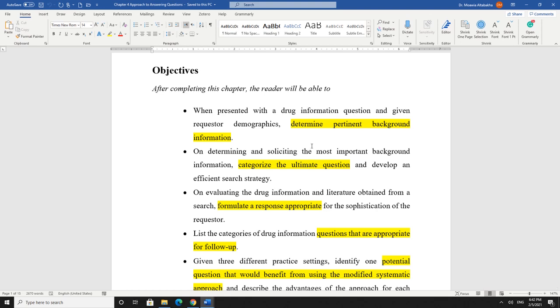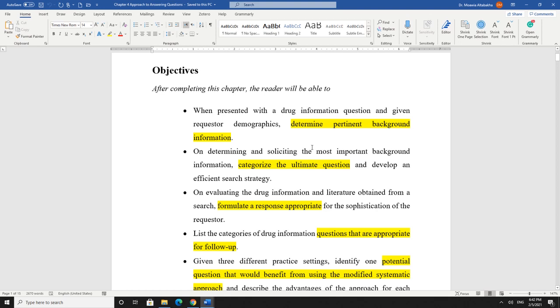By categorizing I mean what type of information is required to respond to the question. Is it regarding therapy? Is it regarding disease? Is it regarding pharmacokinetics of a drug, etc.? So you need to categorize the final question that you agree with the requester about. What's his real question, the ultimate question?